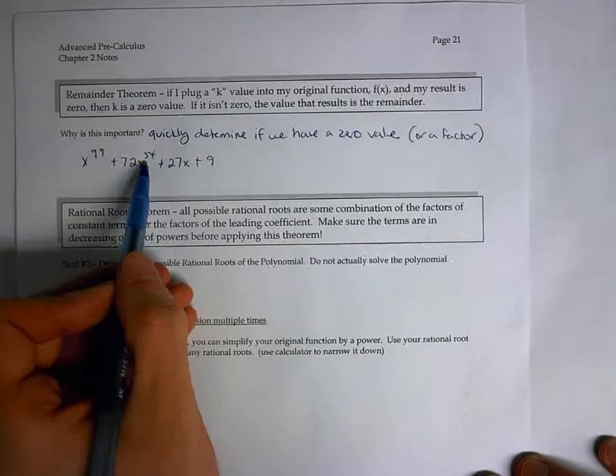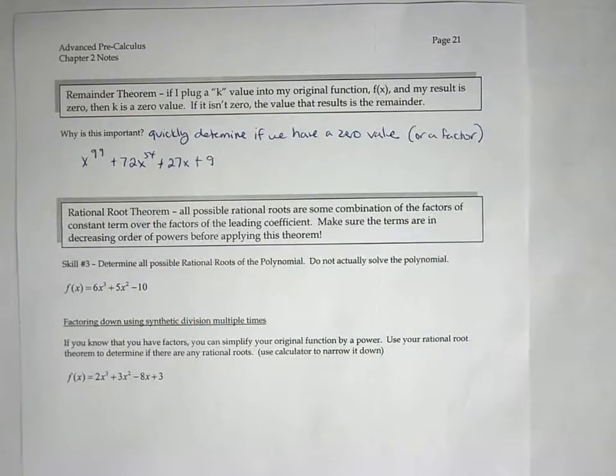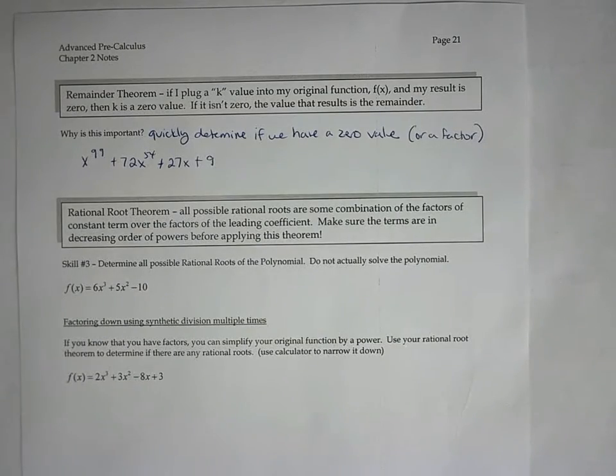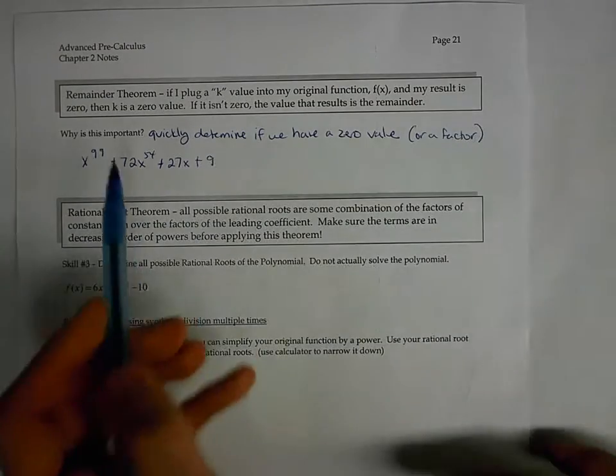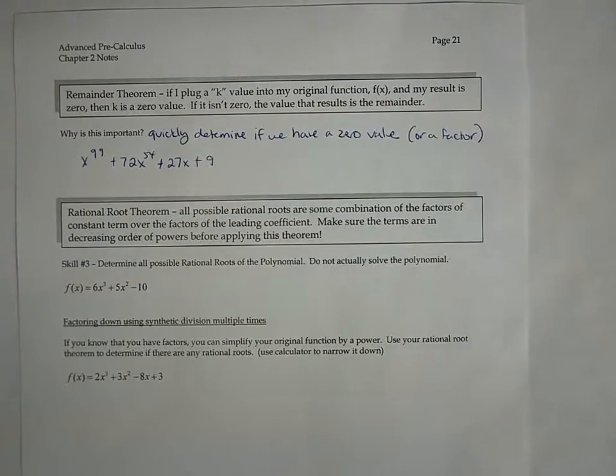So from 99 to 54, I would have to have some 45 zeros as placeholders that I'm doing synthetic division with. And then from 54 to 1, I'm going to have another 53 or 54 placeholders that I've got. So there's going to be a ton of placeholders, which doesn't really help us.